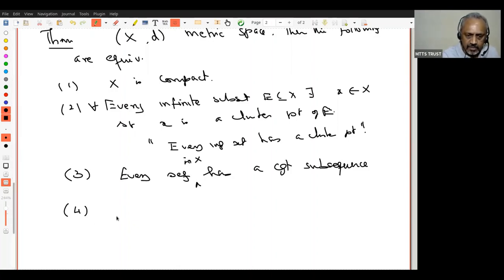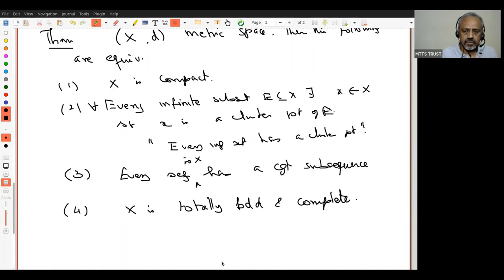The fourth one is X is totally bounded and complete. Are the statements clear? X is compact, every infinite set has a cluster point, I will just loosely say that, every sequence in X has a convergent subsequence, and X must be totally bounded and complete.